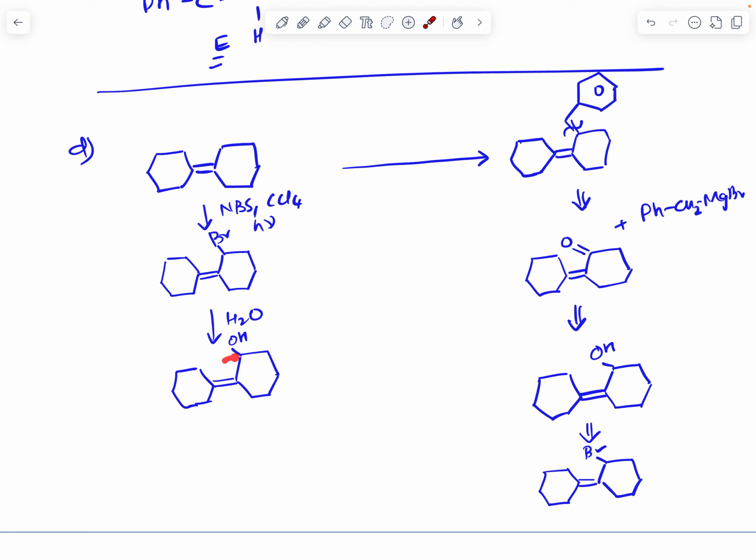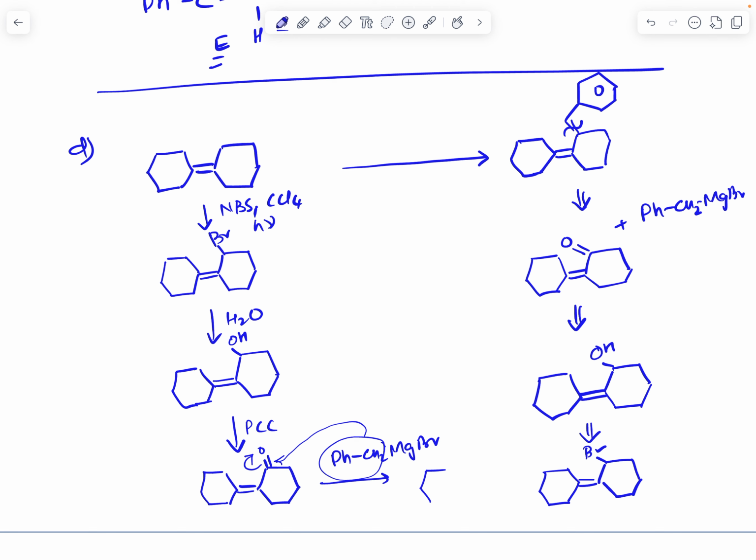So now that you have an OH out there, you can oxidize that OH. PCC is your friend out here. And there you have your ketone. Once you have that ketone, now you're going to use your Grignard. Go ahead and react that with your Grignard, PhCH2MgBr. This thing comes here, kicks that out: O minus, CH2Ph.